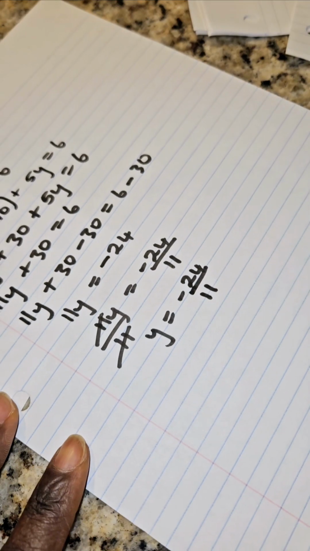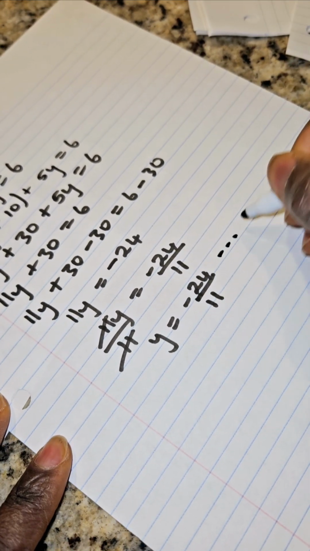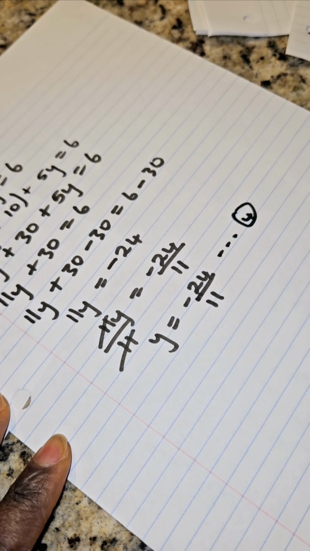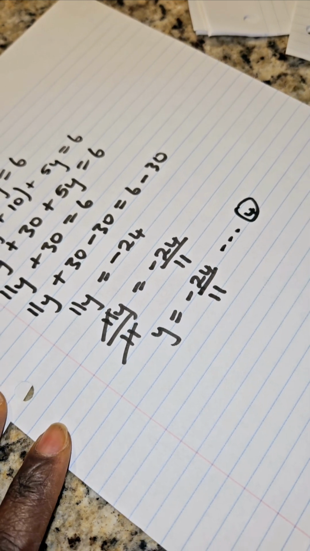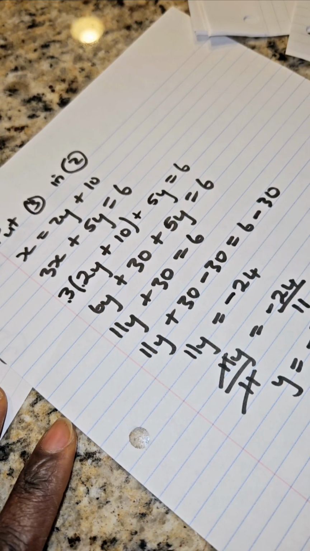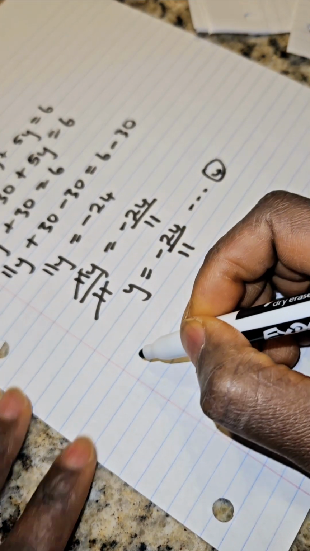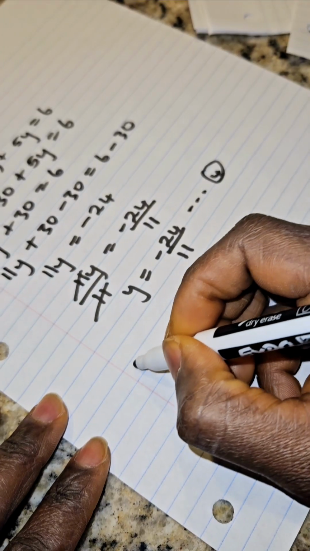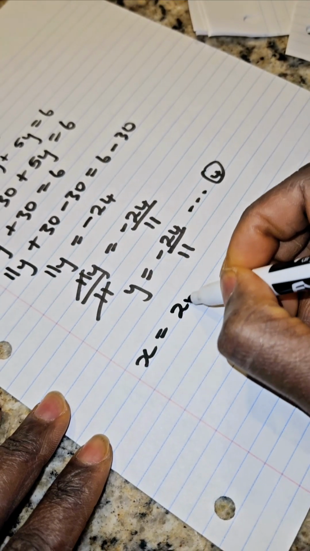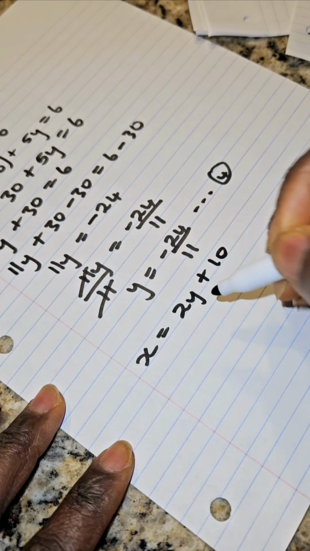That's fine. Okay, now this is equation 4. I am always numbering it. So I will put equation 4 in equation 3 because I want to have the exact value of x. Equation 3 was x equals 2y plus 10. So I'm going to put the value of y in the place of y here.